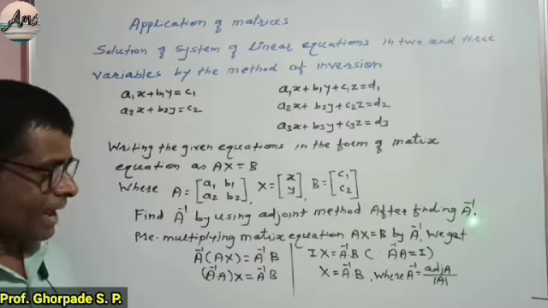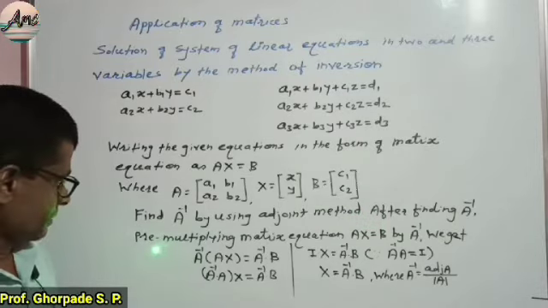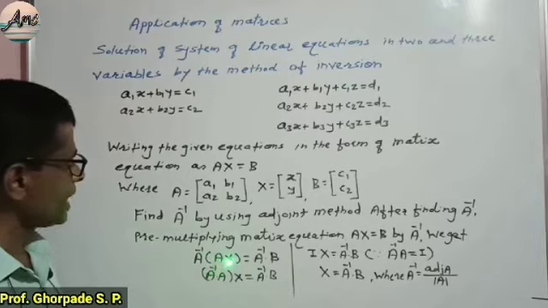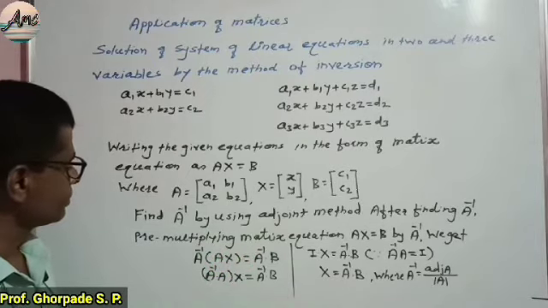So after finding A inverse, pre-multiplying matrix equation Ax is equal to B by A inverse, we get: A inverse into A X is equal to A inverse B. Pre-multiplying means multiplying before.